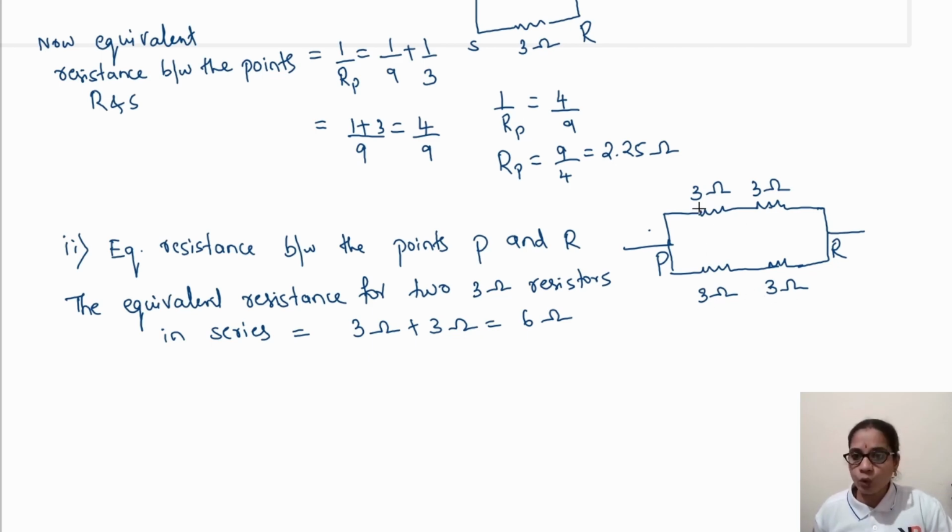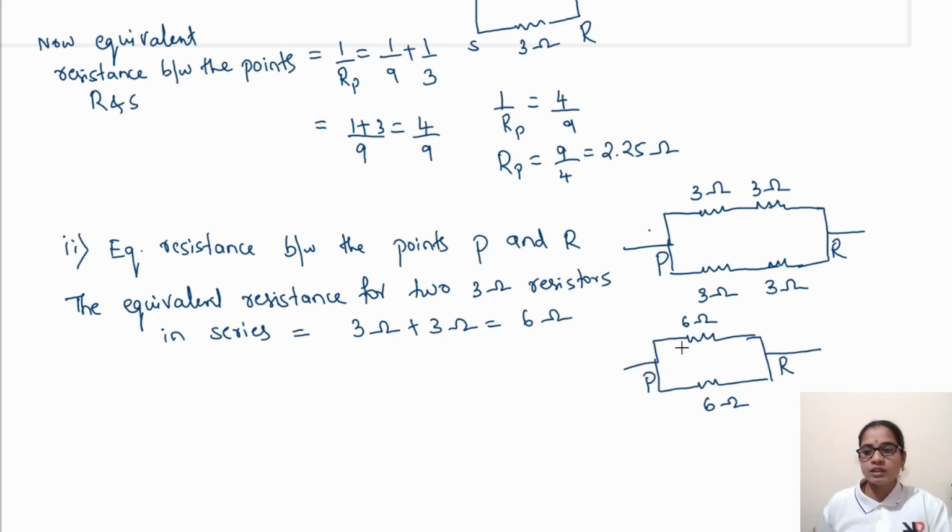So we will get the total resistance of 6 ohm for this and also 6 ohm for this. So this can be represented as these two are connected in parallel. Now two 6 ohm resistors are connected in parallel.